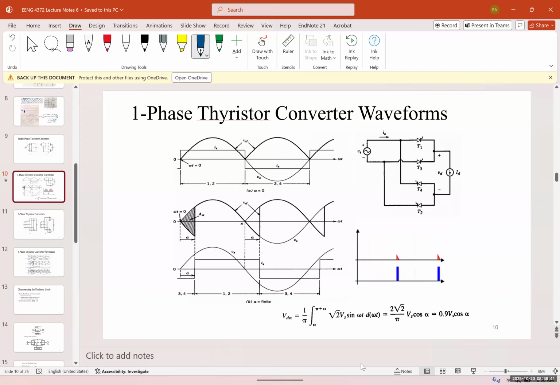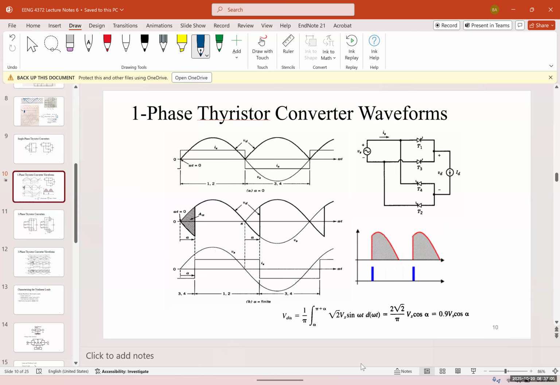The good thing about the thyristor, and sometimes it's a benefit, sometimes it's a disadvantage, is that we have control on when to initiate and start the thyristor. And on the bottom right, you can see a very nice graph showing different times that we could trigger and turn on the thyristor.